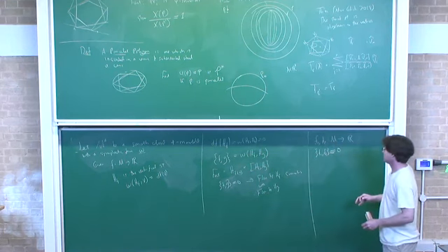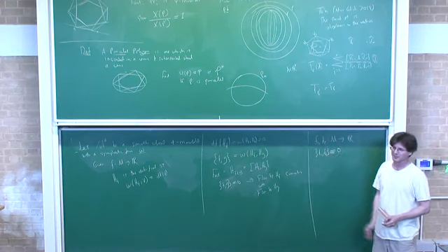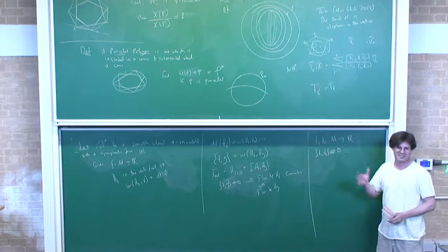And let's say these functions are non-trivial. A stupid example is they're both equal to 0, and then there's not much to say.